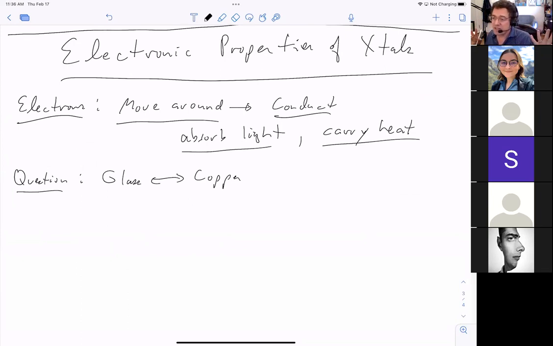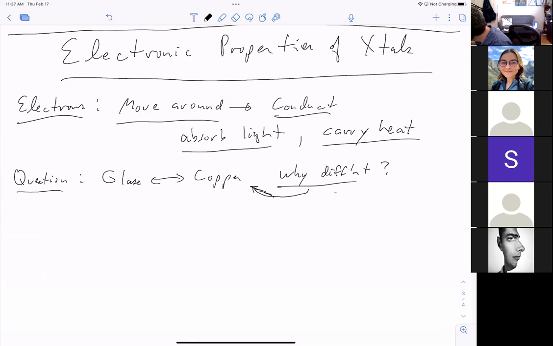It doesn't conduct electricity, whereas copper is opaque. You can't see through it. It's ductile. It conducts heat really well. It conducts electricity really well. They're totally different. Why? And that's the question. Why are these two materials so insanely different? You can't make a window out of a piece of copper, right? So, okay, that's what we're trying to answer.